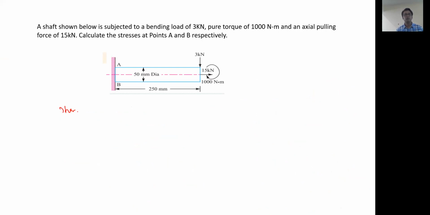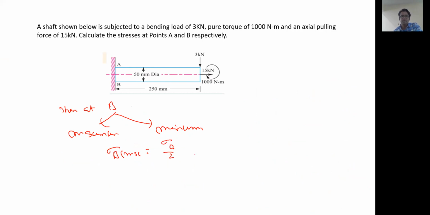Okay. So we have the stress at point B, right? Here we will have the maximum one and the minimum one. Okay, fine. So sigma B max is sigma B by 2 plus square root of sigma B by 2 the whole square plus tau square.